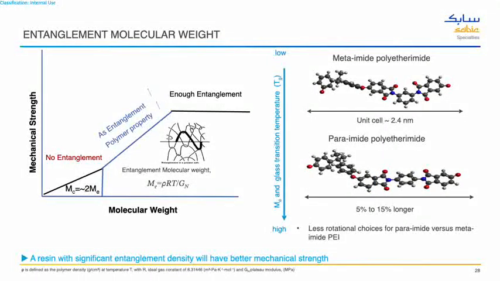But it does affect some properties. For applications which need high chemical resistance while still maintaining close to Ultem-like properties, a para-based diamine could be a good choice. It all depends on how you change the chemistry, how it affects the physics, and how it affects the process. We have to understand all these things.